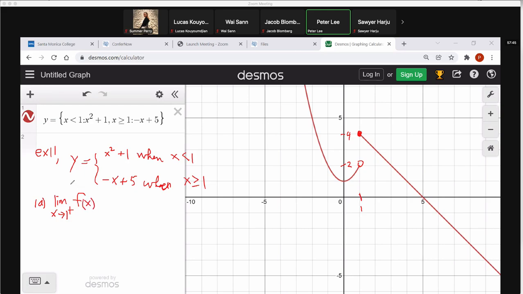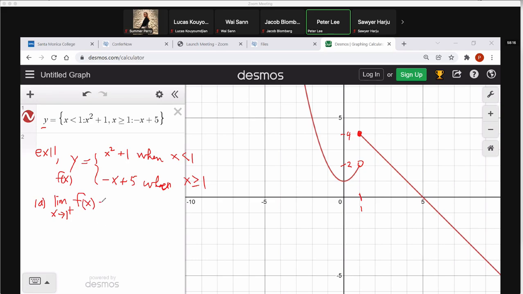I should have used f of x here, but anyway, y is f of x. When you type this into the calculator, I think you have to write y. I don't know what happens if you put f of x here. If you type in this way, it will work. So this is the example for typing in a piecewise defined function.